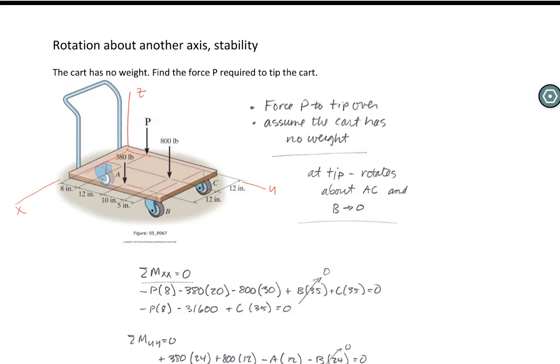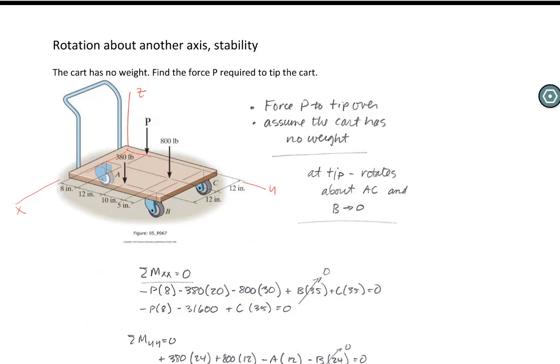Now with that, I can do the same kind of technique. I can sum the moments about the x-axis. Here I have all the dimensions noted, but I do have this unknown force. So I'm going to say P times that 8 inches going in that direction, minus the 380 times this distance, also going in that direction, minus the 800 times this distance going in that direction.